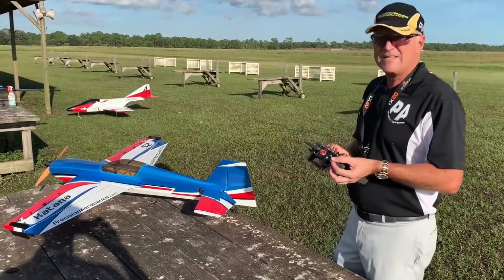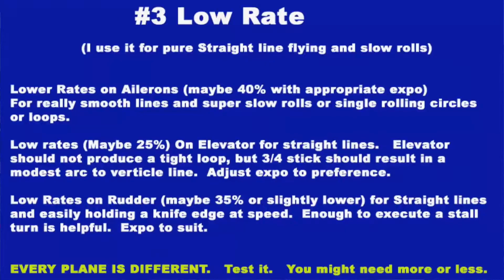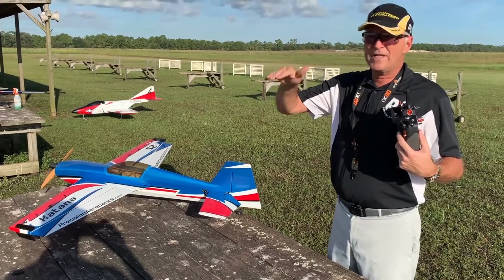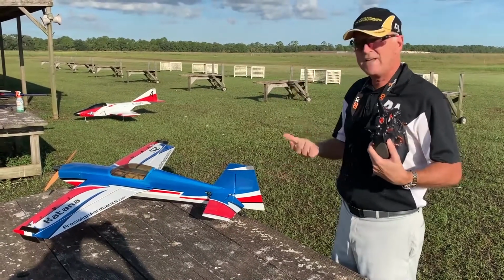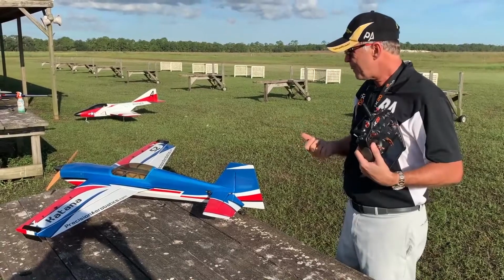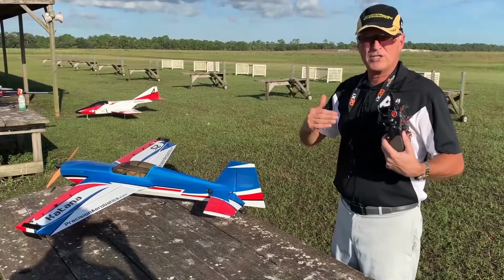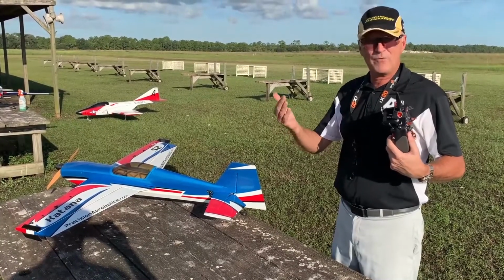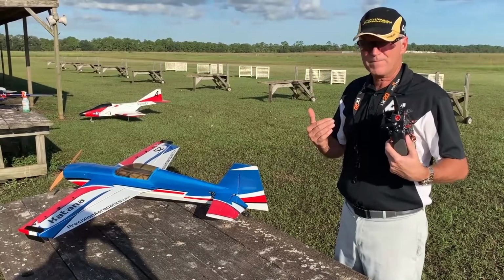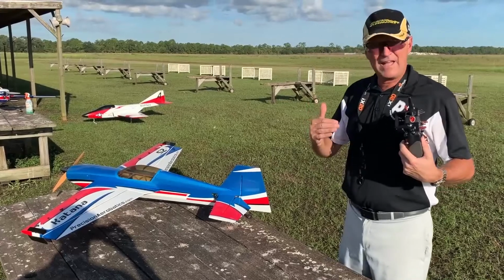The number 3 rate is going to be what would be a low rate. That means I'm flying at 3/4 throttle or better, and I'm flying very fast and trying to fly precise lines. When I'm trying to fly precise lines, I'm really looking at everything being real slow and smooth and deliberate. So I cut the rates back even more, and I even cut the ailerons back.